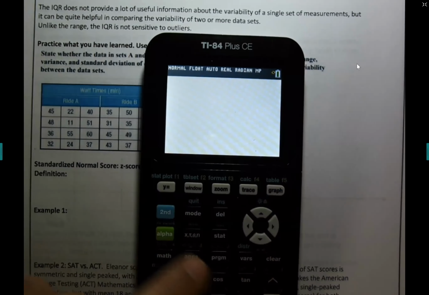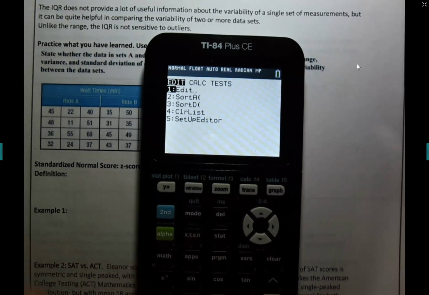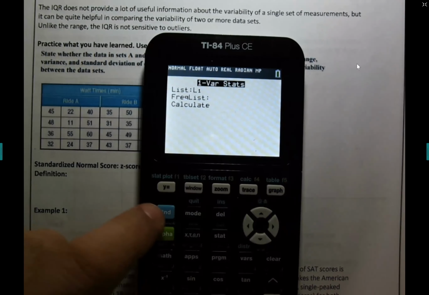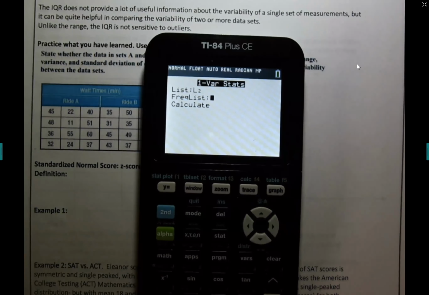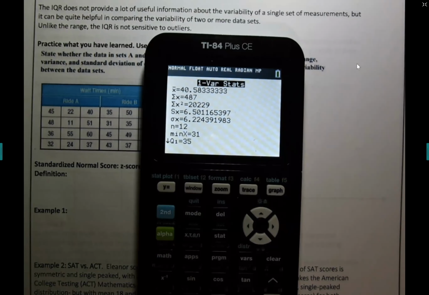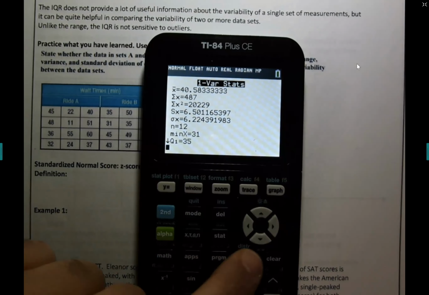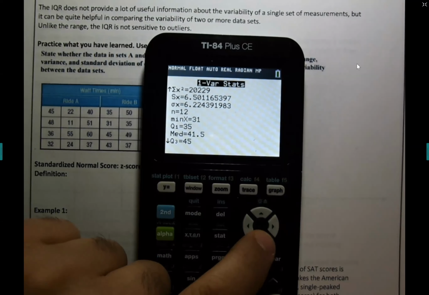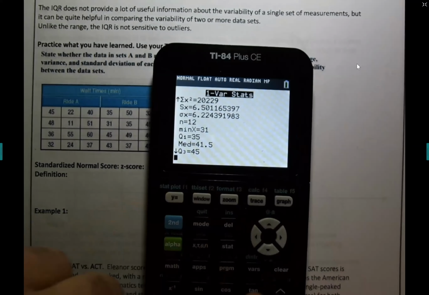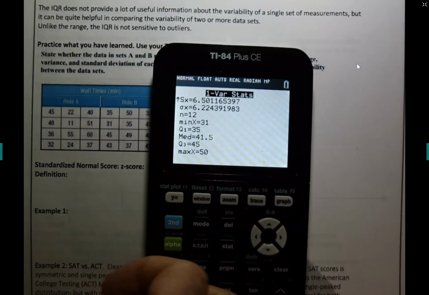So clear, stat, calc, one variable statistic. Now it's going to be L2. Okay, I got S to be 6.5. The minimum is 31, and the maximum is 50.